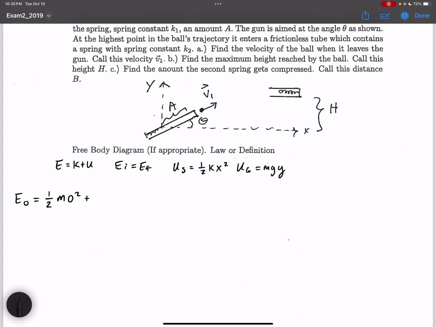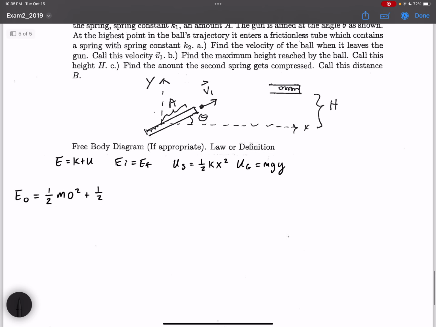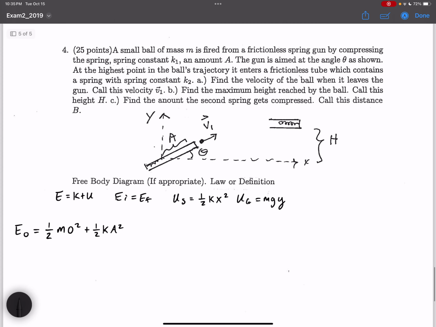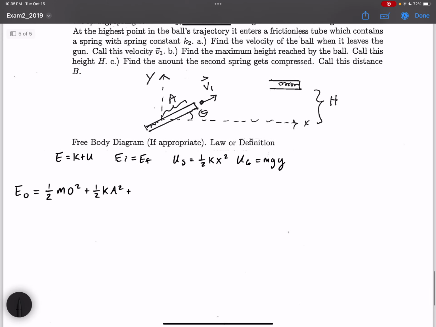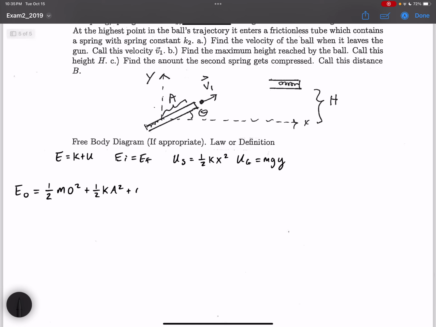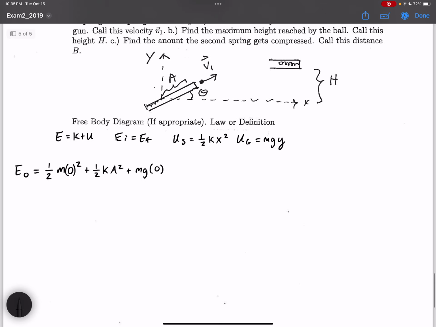But then it's going to have the potential energy from the spring, which is 1/2 k times a squared, because it's compressing the spring by amount a, right? And then you also add the gravitational potential energy, which is going to be mg times 0, because it's on the ground, so there's no potential energy there.